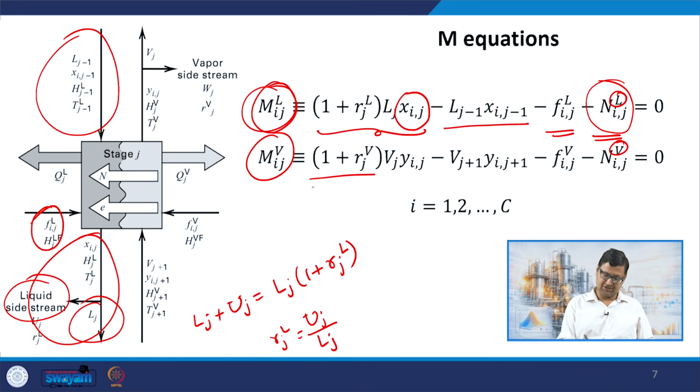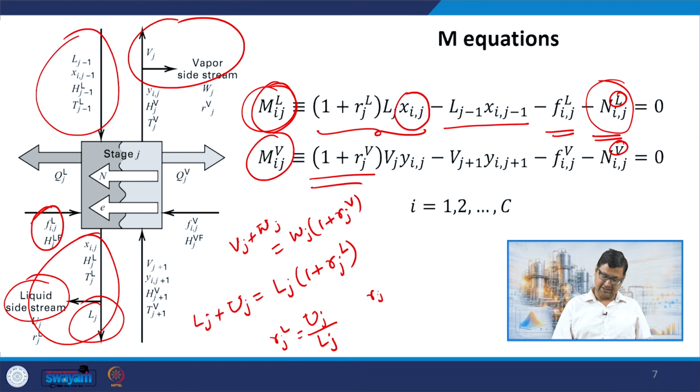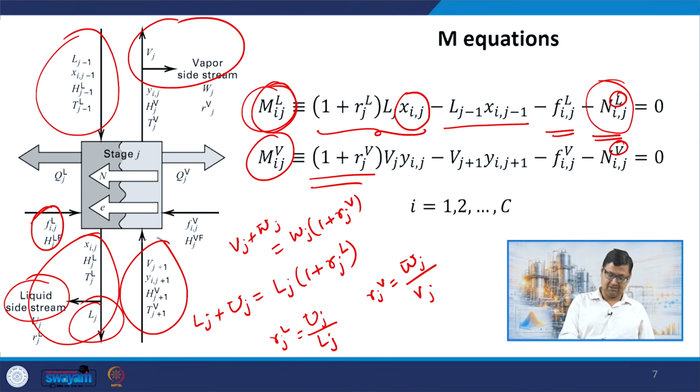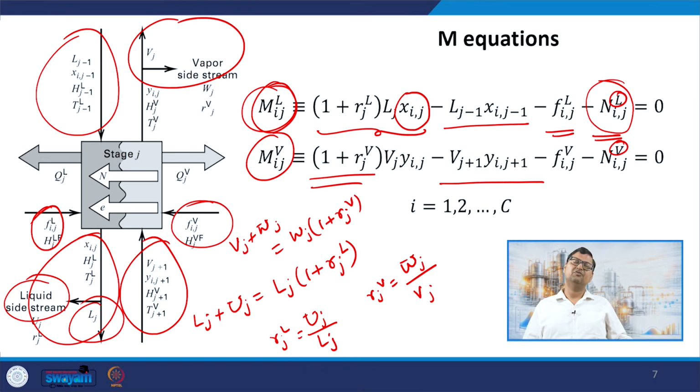So, again the first term, the vapor leaving is Vj plus Wj, which I can write as Vj into 1 plus Rjv, where Rjv is my Wj by Vj, and what is entering is my Vj plus 1, right, and there is a feed, the component molar flow rate for component i that is entering the vapor of stage j, that is my Fijv, and then there is a mass transfer rate, right.